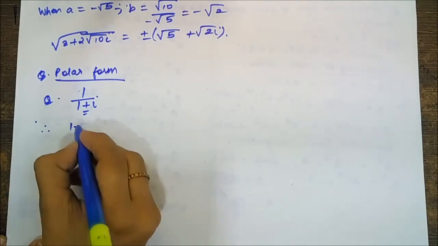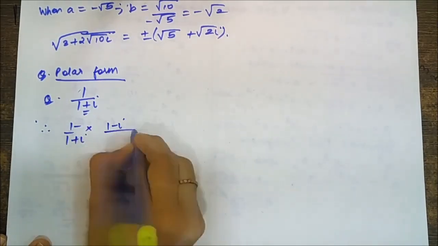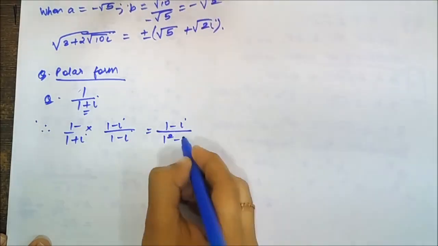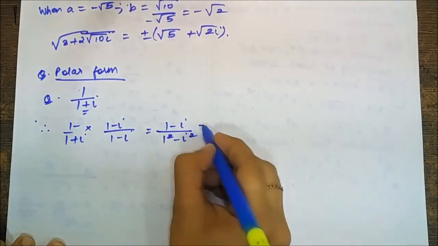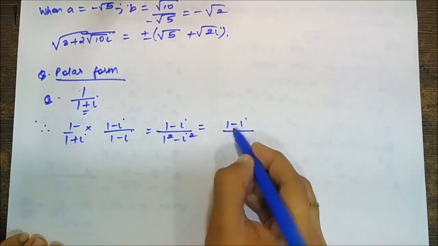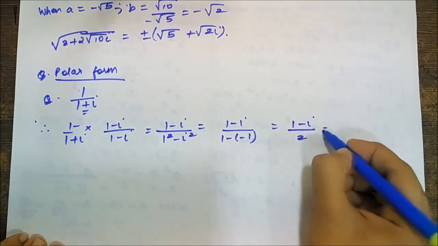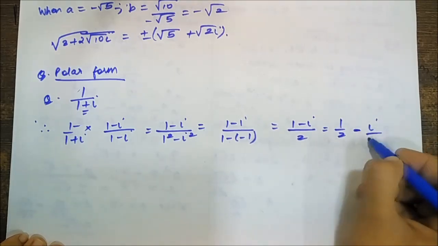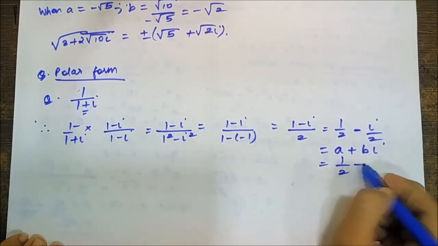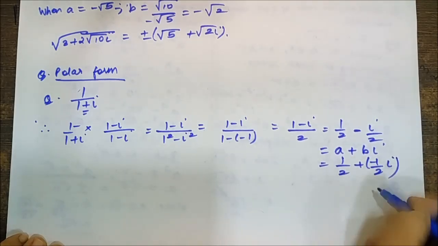So 1 upon 1 plus i into 1 minus i upon 1 minus i, that is equal to 1 minus i upon 1 square minus i square, that is equal to 1 minus i upon 1 minus minus 1, that is 1 minus i upon 2. This is in the form of a plus bi, so you get half plus 1 upon 2 minus i.